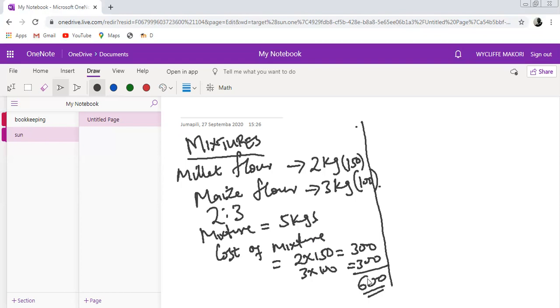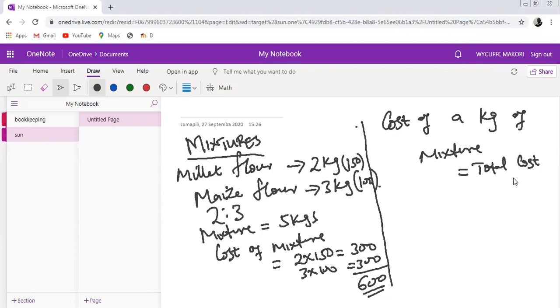Now, if you are asked what is the cost of 1 kg of the mixture, the question can come like that. What is the cost of 1 kg of the mixture? The cost of a kg of a mixture will be given by the total cost over the total quantity.